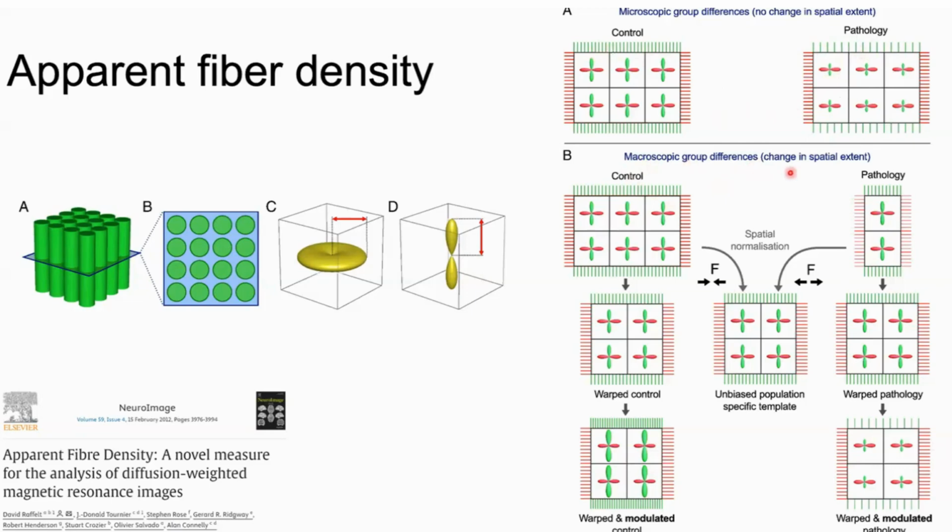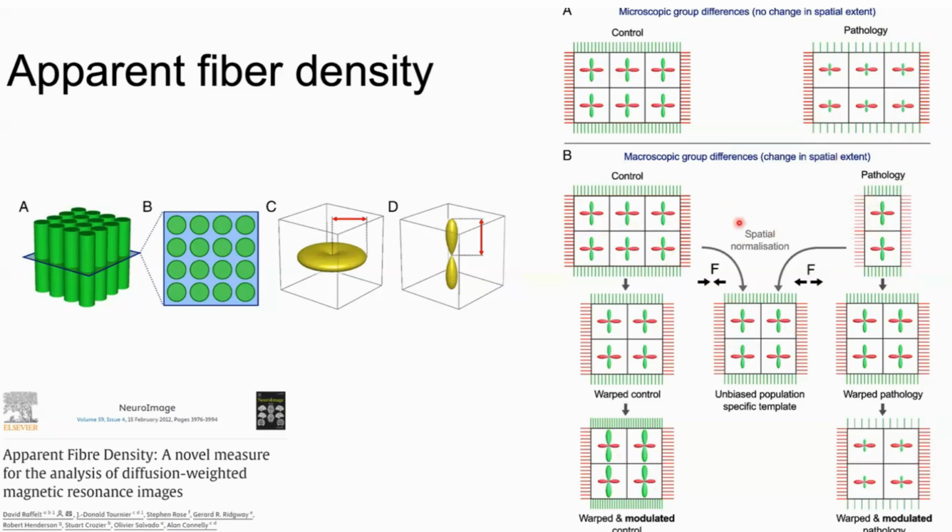But when there is a spatial extent of the change due to pathology, let's say there is atrophy, that certain voxels are no longer part of the white matter or that particular bundle, this is an example of atrophy. To compare spatial extent, you almost by definition need a way to get into the same space.